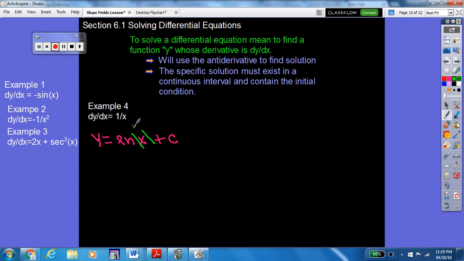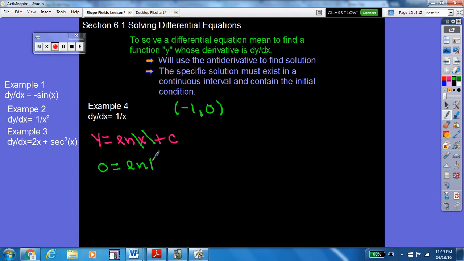Okay? And so I'm going to go ahead and give you the initial condition for this one, and we're going to use negative 1 comma 0. And so right away you're going to see if I did not put the absolute value, I would not be allowed to put this negative 1 in here. But since I have my absolute value, I'll replace 0 for y.